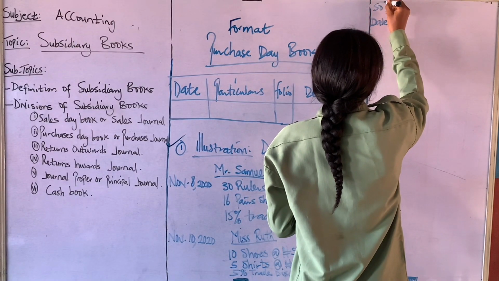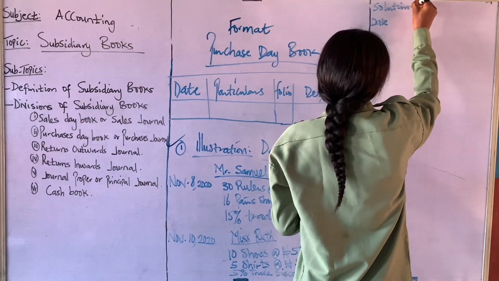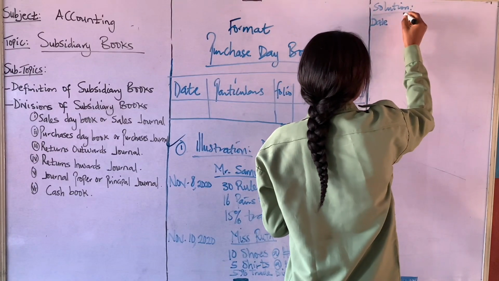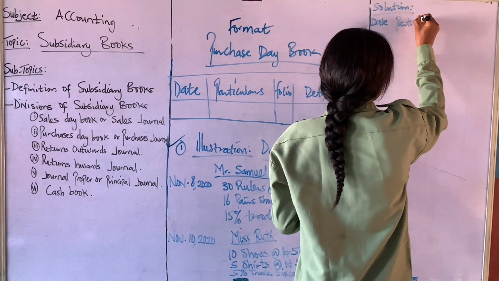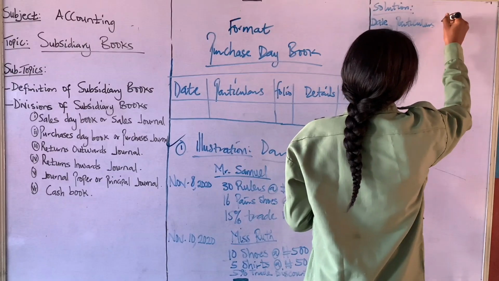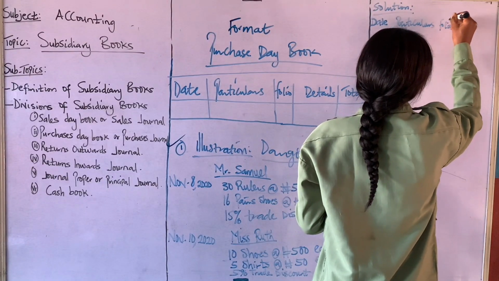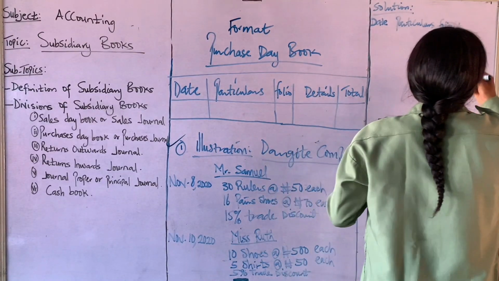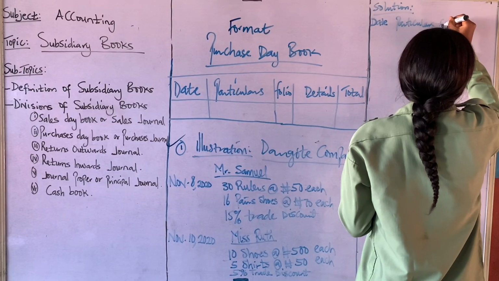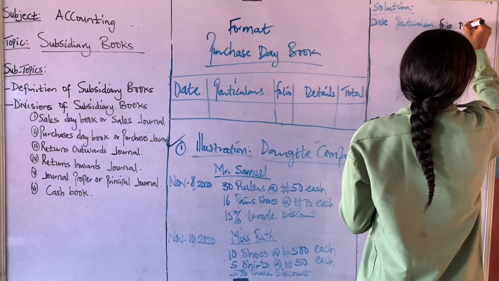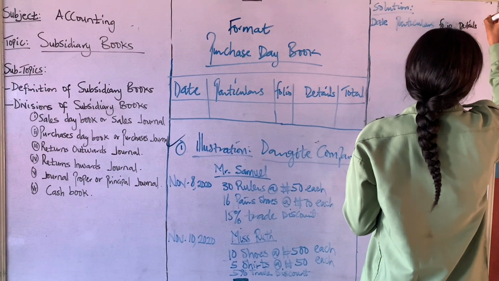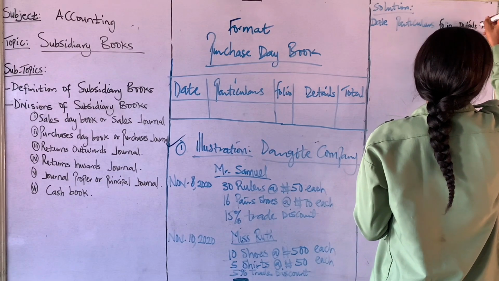Just write here solution. We want to solve it and see how we can post it to the principal books of account. Write the particulars, the folio, and we have the details and the total.